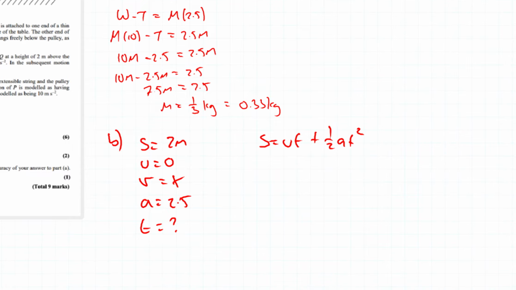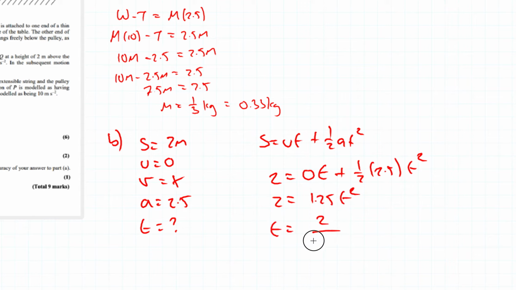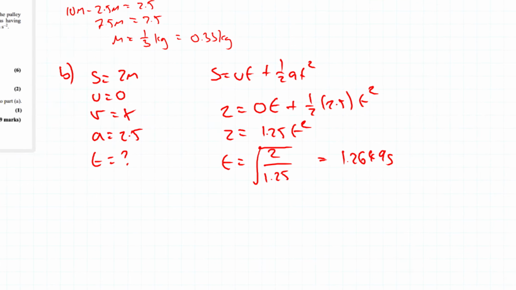Then we can plug in our numbers. So we've got 2 equals 0t plus a half times 2.5 t squared. So 2 equals 1.25 t squared. So t is equal to the square root of 2 over 1.25. Plugging that into our calculator, we get a value of 1.2649 seconds, which to two significant figures is equal to 1.3 seconds.